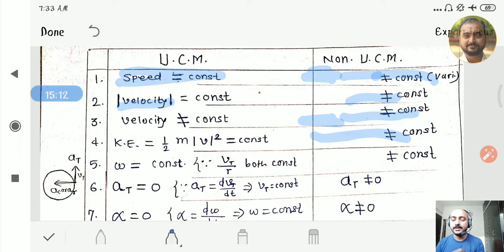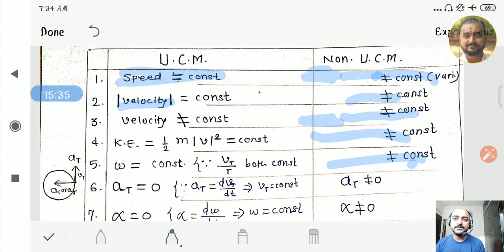Okay, in case of uniform circular motion, kinetic energy remains constant, but in case of non-uniform circular motion it does not remain constant. Okay, what about the angular velocity? The angular velocity in case of non-uniform circular motion also does not remain constant.